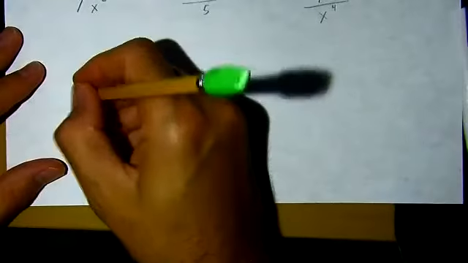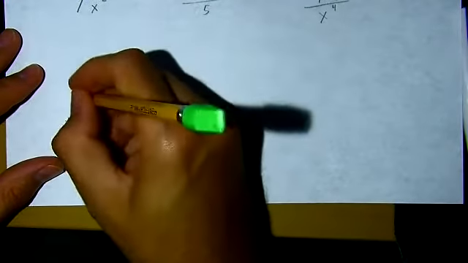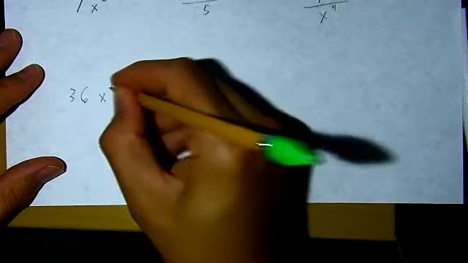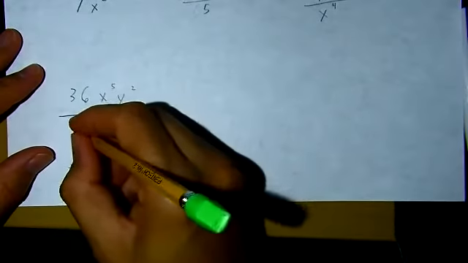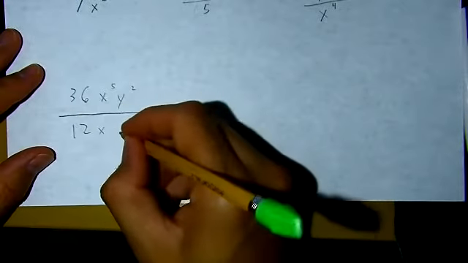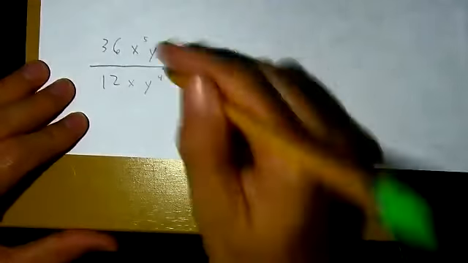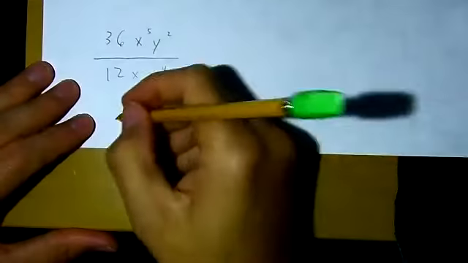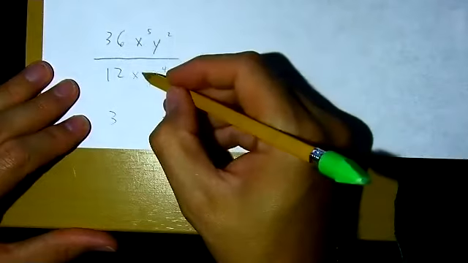Now you can do multiple numbers and multiple variables. Let's say we had 36 x to the 5th y squared over 12 x y to the 4th. So you start with the numbers, 36 over 12. You can punch that on your calculator. You'll get 3. X to the 5th over x to the 1st.